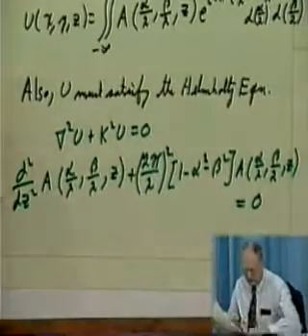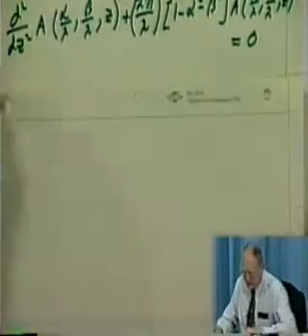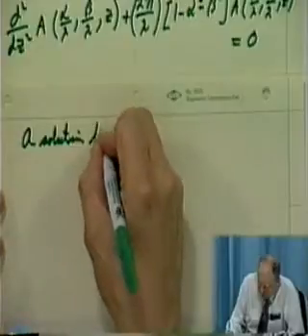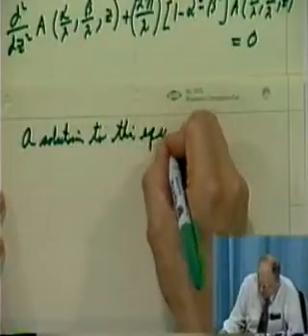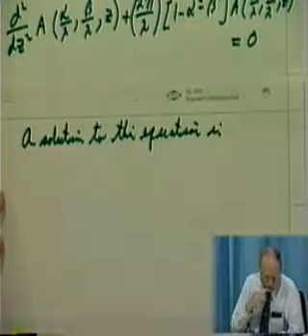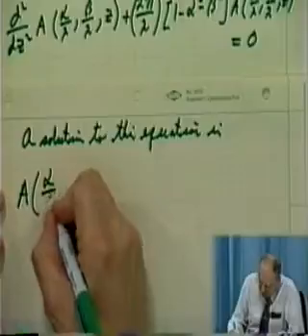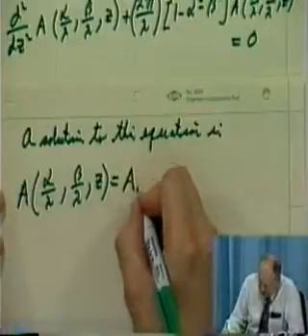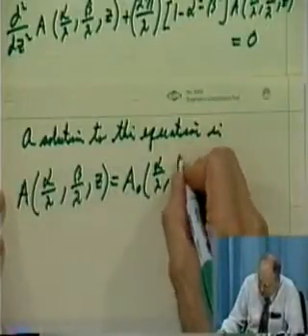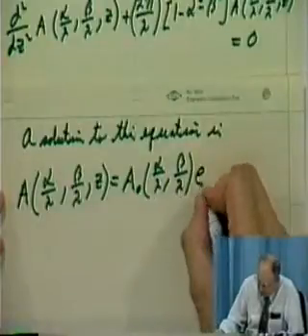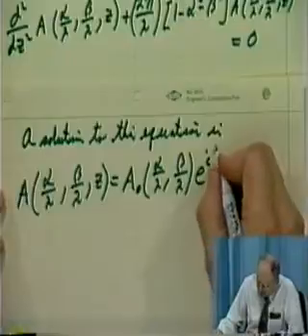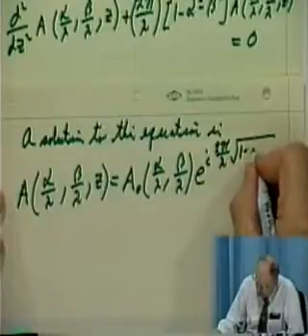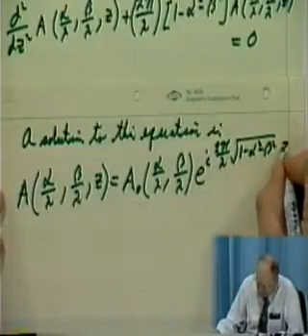And then we can write down that a solution to this equation is A alpha over lambda, beta over lambda, and z is A naught alpha over lambda, beta over lambda, e to the i 2 pi over lambda, square root of 1 minus alpha squared minus beta squared times z.